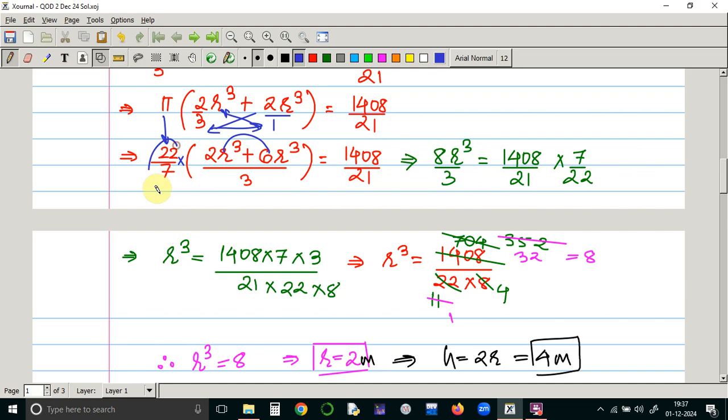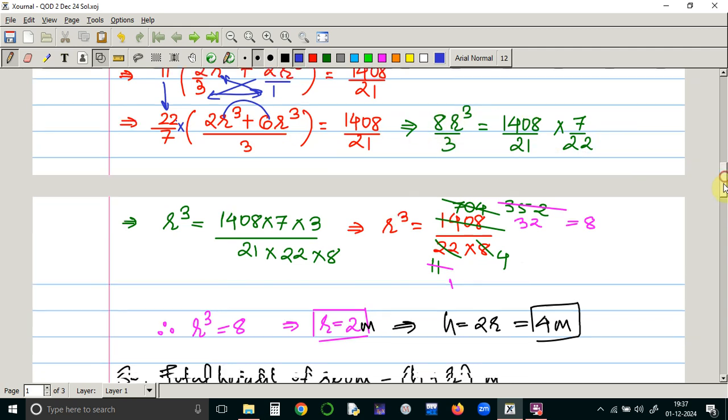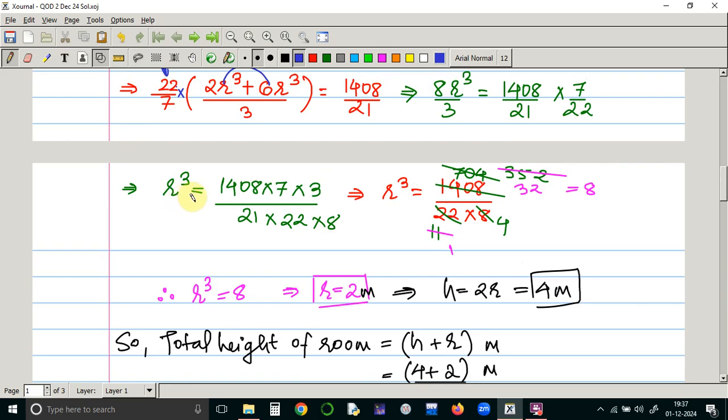This 22 upon 7 I have shifted to that side. 7 will come in the numerator, 22 in the denominator. This is what I have done here. r cube is this. So this 8 is in the denominator, 3 is in the numerator. It's cross multiplied, the unwanted things taken across with r cube. Now it's time to cancel. Here I have cancelled 7 3s are 21 and this 21 is gone.